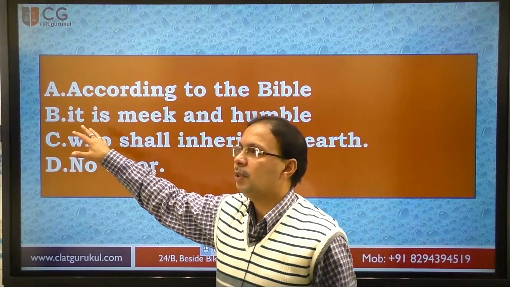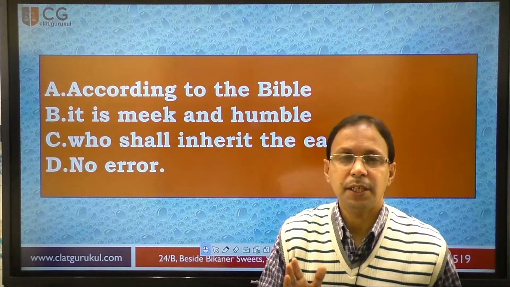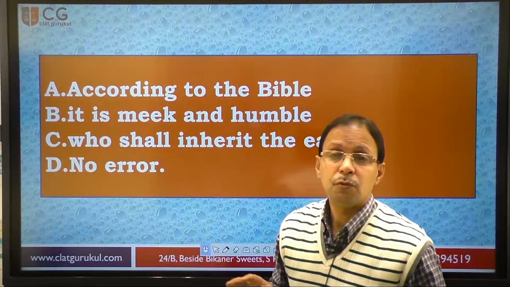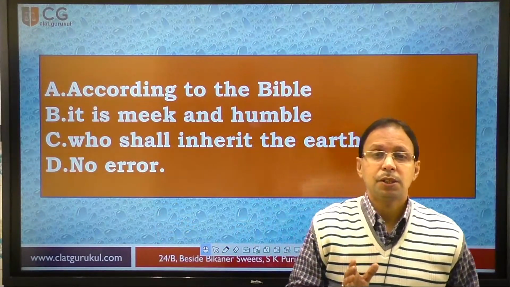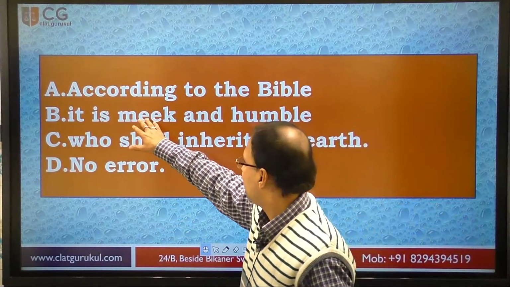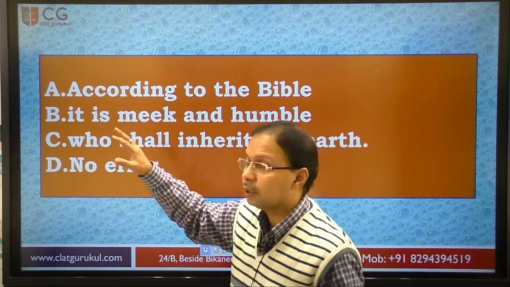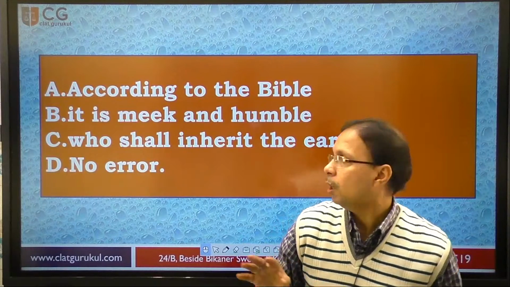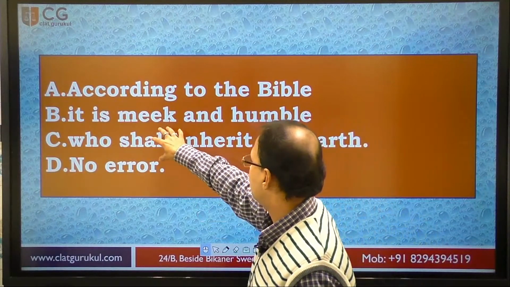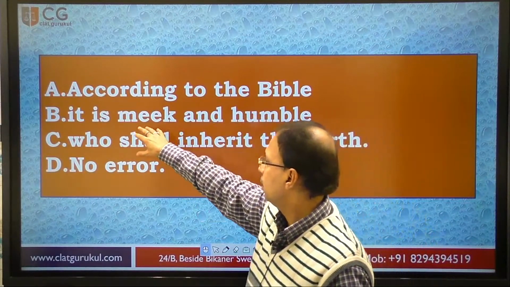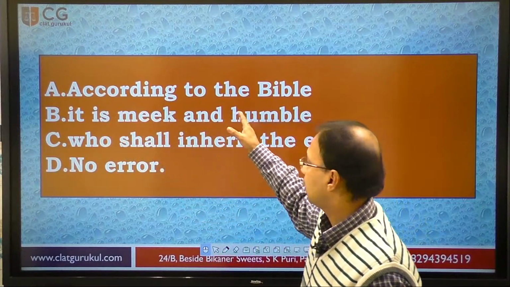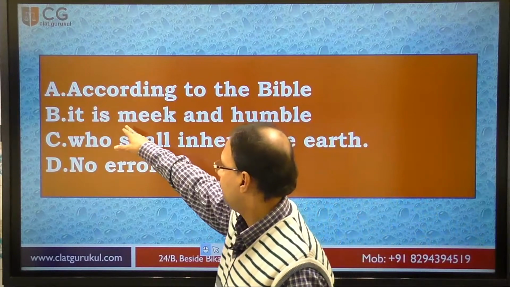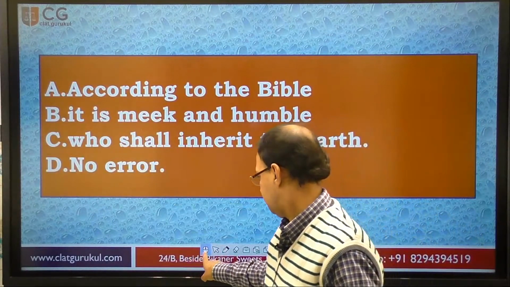In part B, it indicates the group of people, and when we indicate the group of people, we should use the article the before meek and humble, because we are indicating the entire group of people who are in that group. Those people are meek and humble. That's why it should be, it is the meek and humble. The will be there. So part B contains the error.